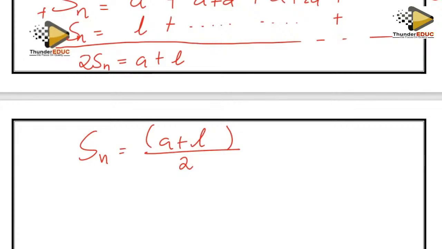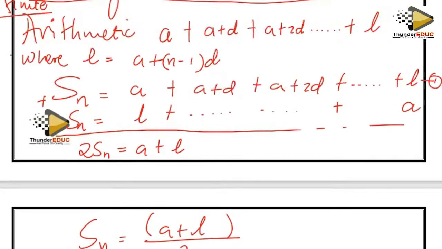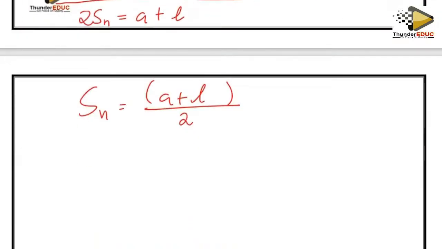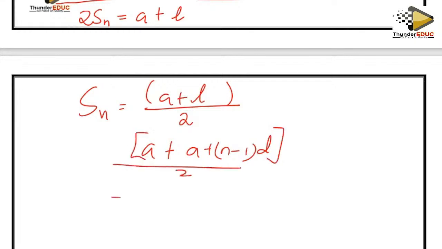But then we said our L was a plus (n minus 1) into d. So let me just resubstitute that, and so a plus a plus (n minus 1) into d. I'm dividing this by 2. So we just have 2 like terms there.